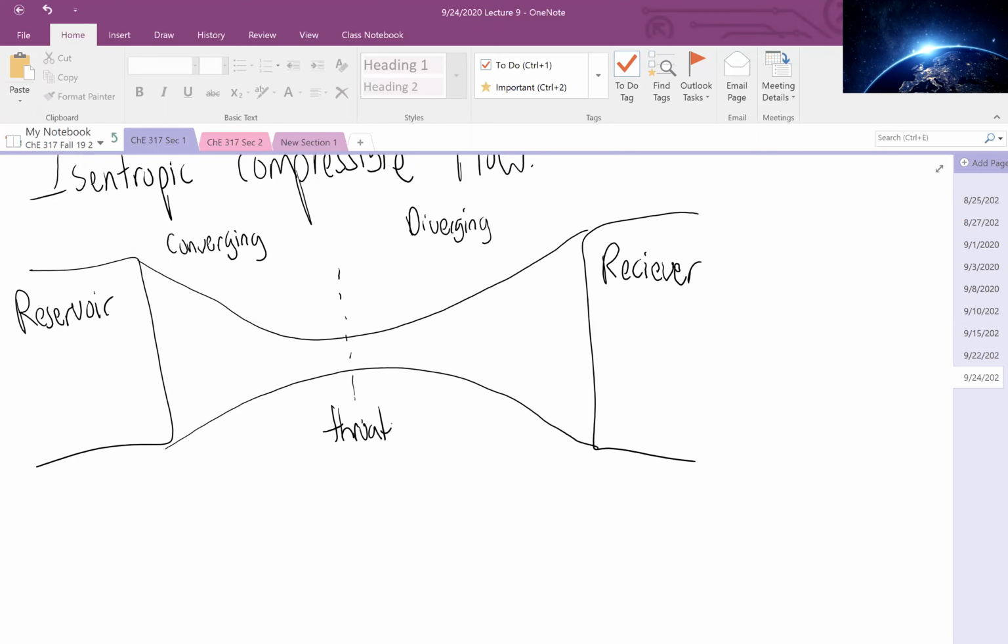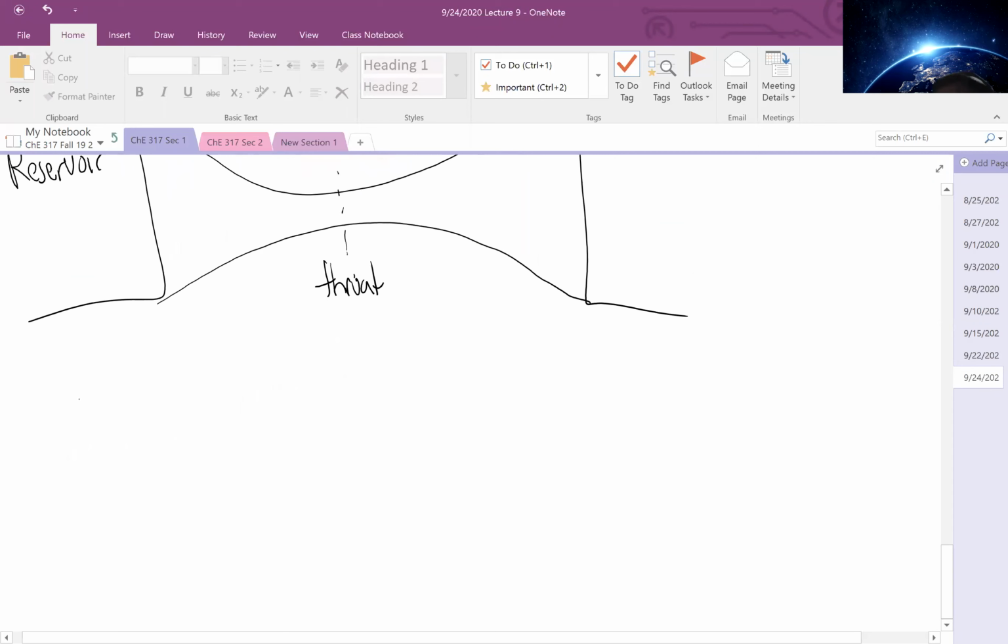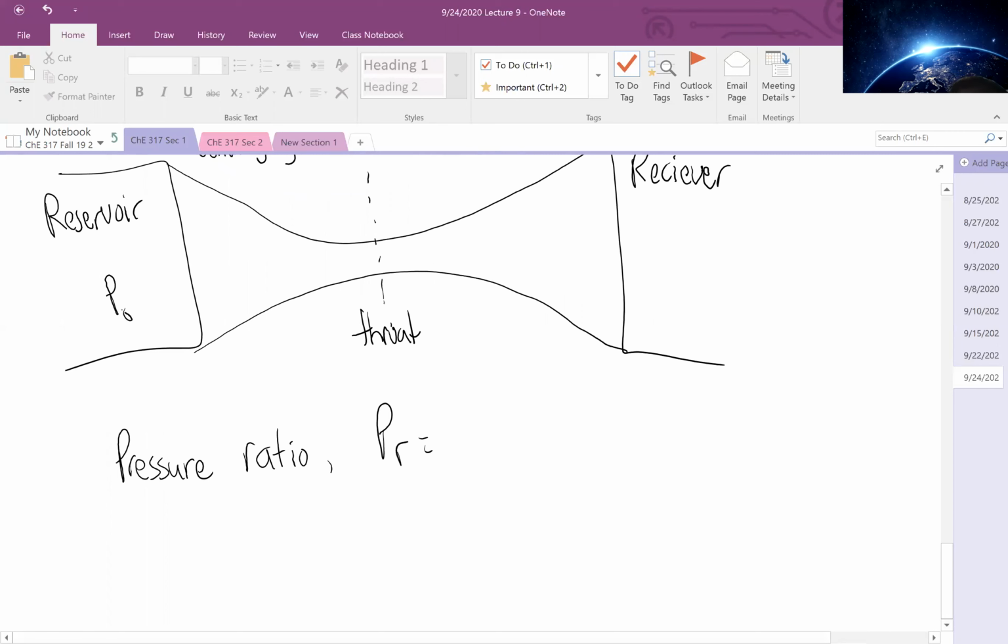And so for this, we had discussed how we can have one of several situations depending on what's known as the pressure ratio, which, if we're looking at the reservoir as P naught, the receiver as P, was the ratio of P over P naught.